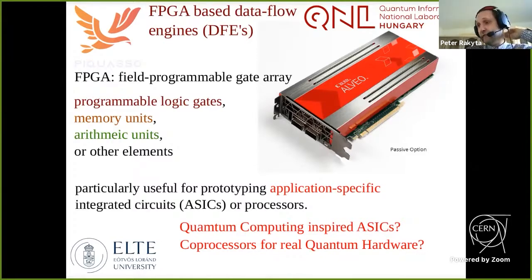Many giants use such a technique to develop integrated circuits, just like Intel or IBM. And we raised the question whether such an architecture can be used to design ASICs for quantum computing.